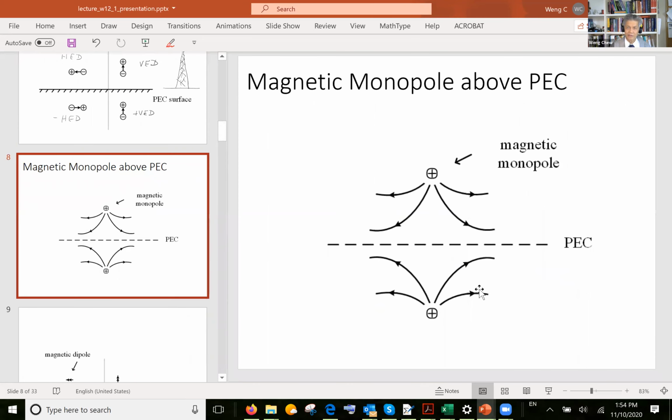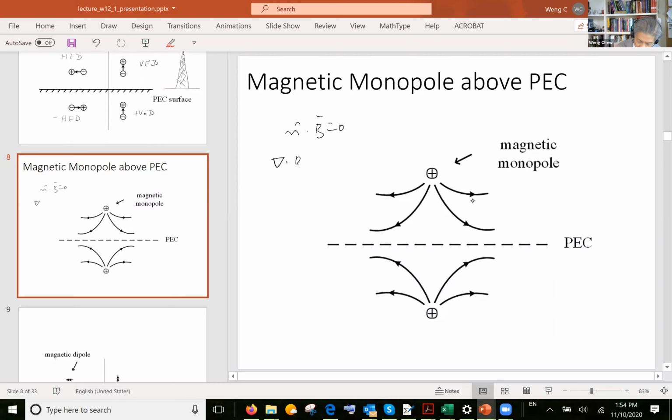Very good question. Let's go to the case of a magnetic monopole. If we have a magnetic monopole, then we need to have the boundary condition that on the PEC surface, n dot B equals 0. This follows from Gauss' law. From Gauss' law, we can show that n dot B1 equals n dot B2.